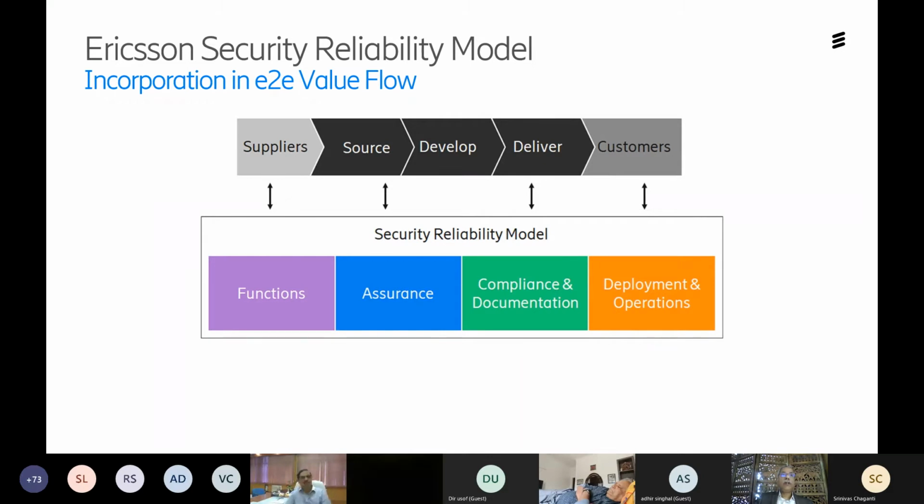And fourth one, in actual deployment and operations, how are we ensuring that things are getting done as expected? With these in mind, I want to show you a few points in the functional area where product security and privacy ambitions for our products and solutions.